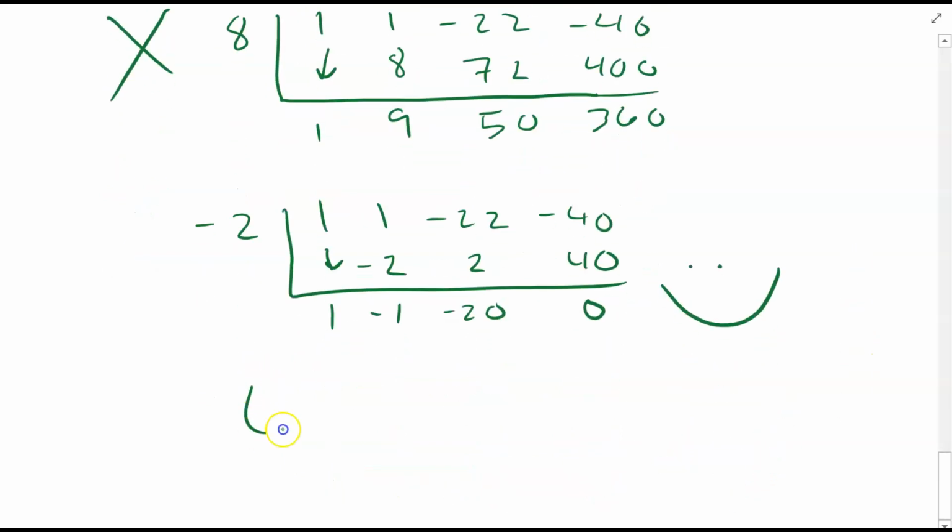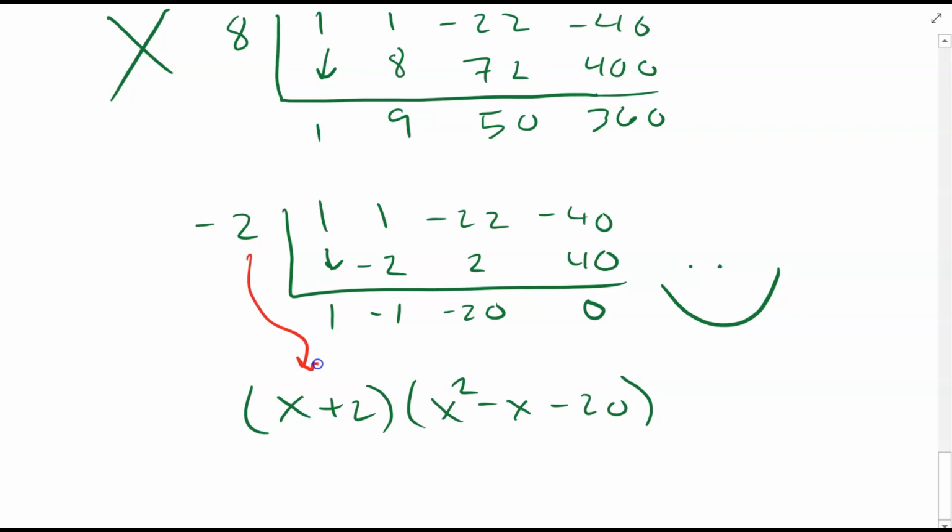Okay. So we know that this is going to factor to x plus 2 times x squared minus x minus 20. So this part gave me the x plus 2, and this part gave me the x squared minus x minus 20. Can we factor this any more? Sure we can. X squared minus x minus 20 factors. How does it factor?